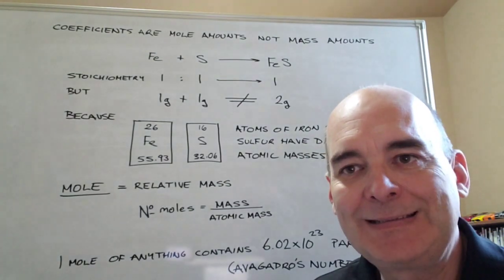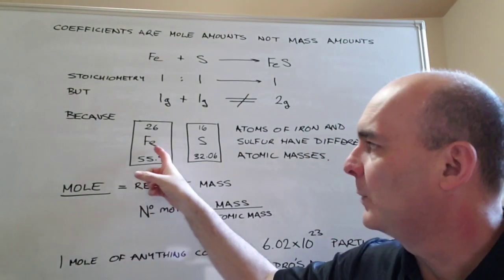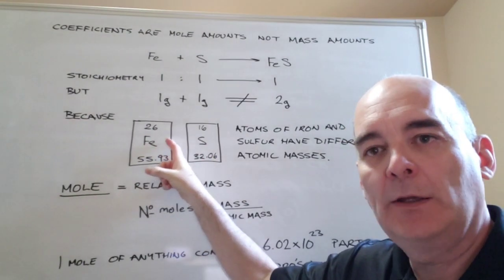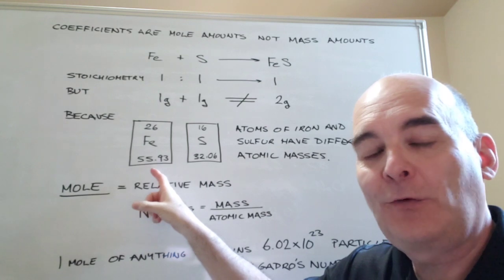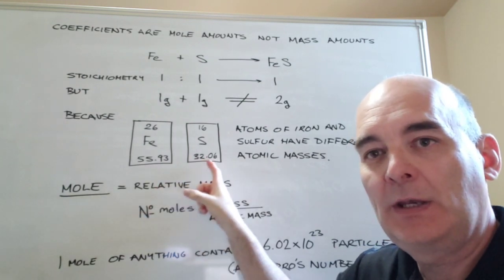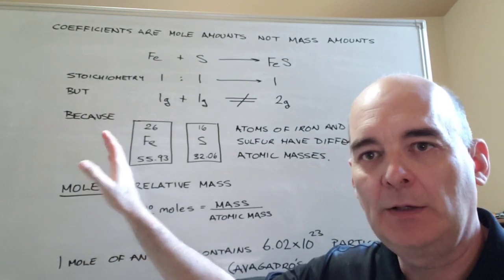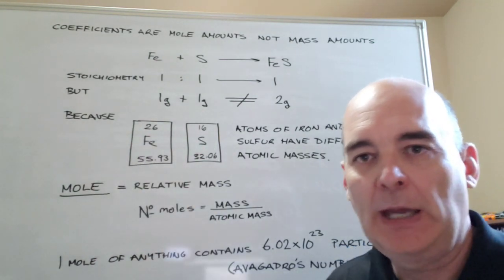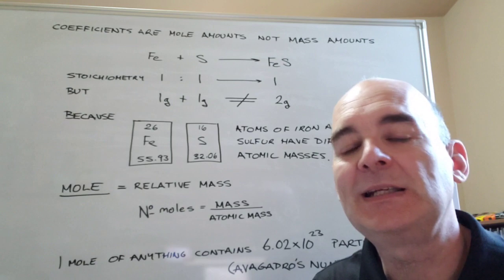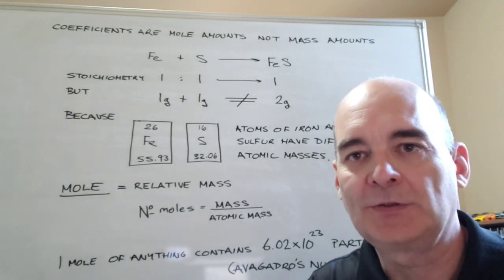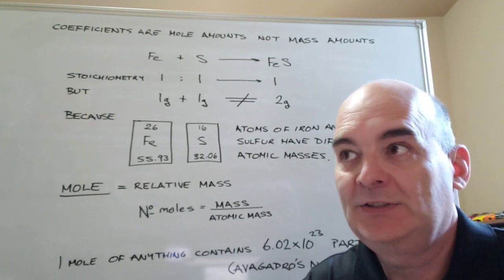And the reason why it doesn't work is when we look at the periodic table, an atom of iron has a different mass than an atom of sulfur. So taking a gram of iron and a gram of sulfur and combining them and expecting the same number of atoms in each of those two samples to exist is incorrect.